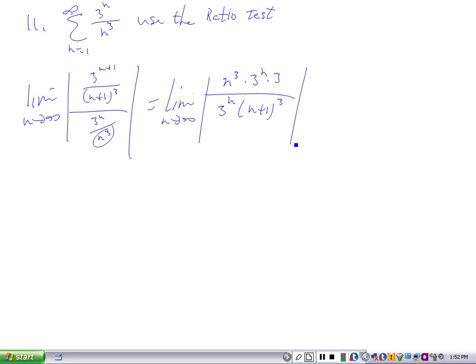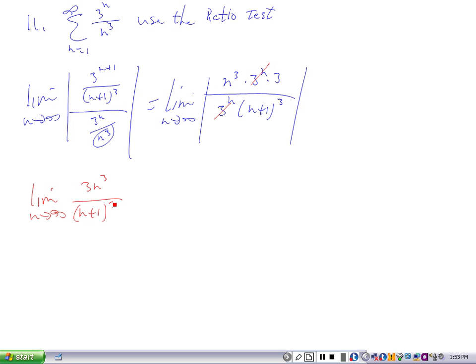You can drop the absolute value because everything in there is positive. The 3 to the n's cancel out, so I have the limit as n goes to infinity of 3n cubed all over n plus 1 to the third.